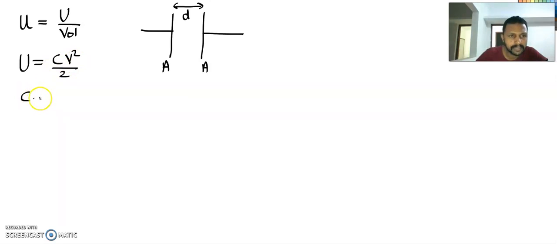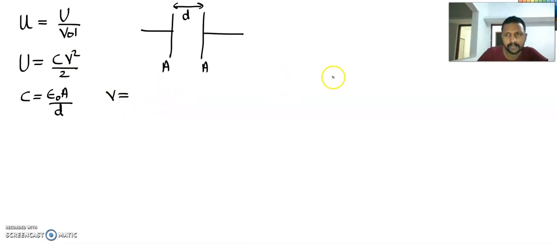Here, what is C? C is capacitance, and the capacitance of a parallel plate capacitor, now we know, is epsilon 0 A by D. We could substitute for C as epsilon 0 A by D. What is V? V is potential.